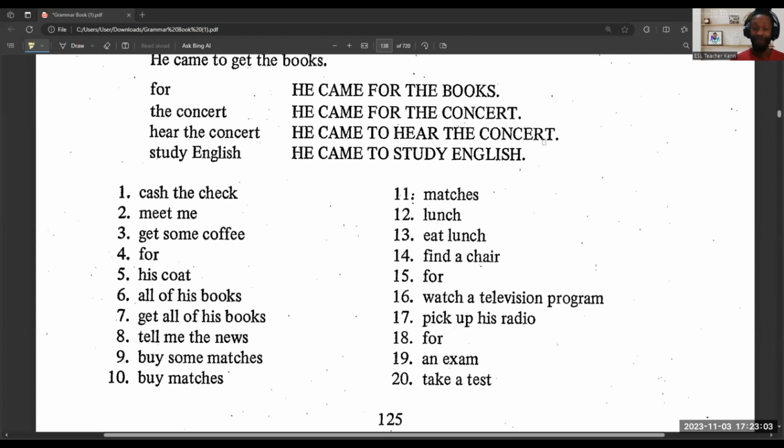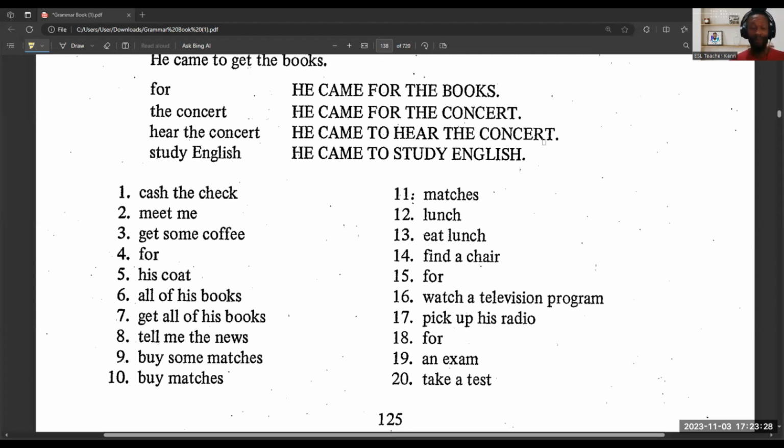Watch a television program. He came to watch a television program. Pick up his radio.